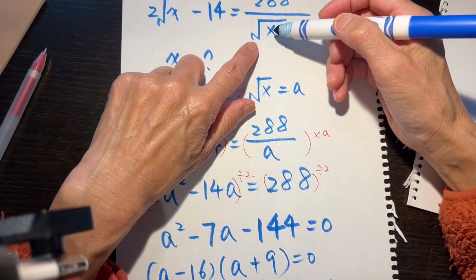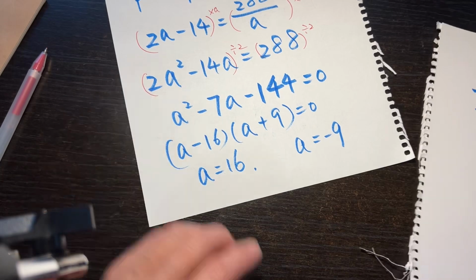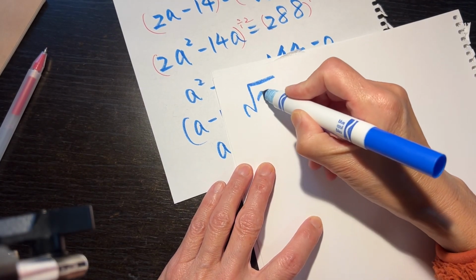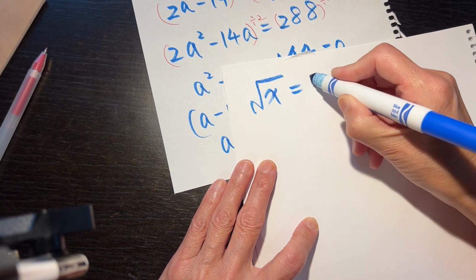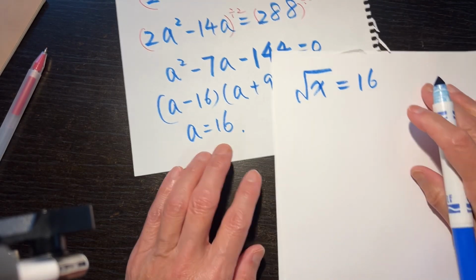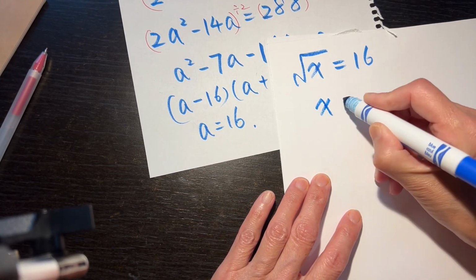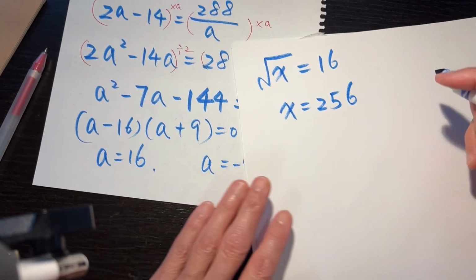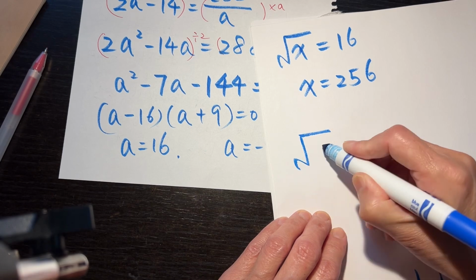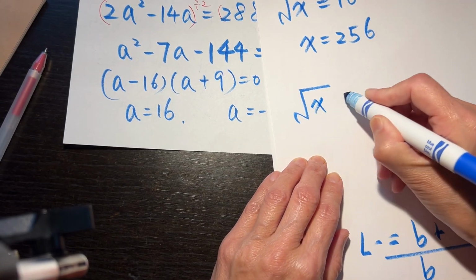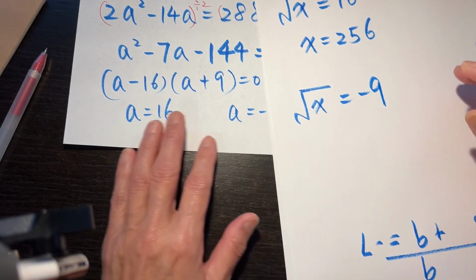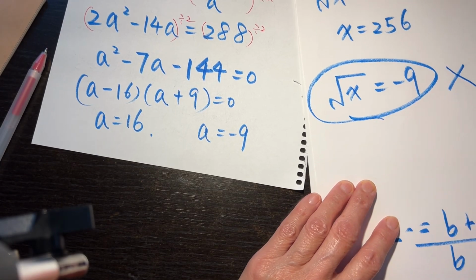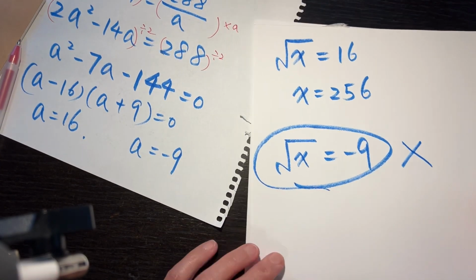And square root, so square root of x equal to 16, then x is 256. Square root of x is negative 9, does not exist in our real world.